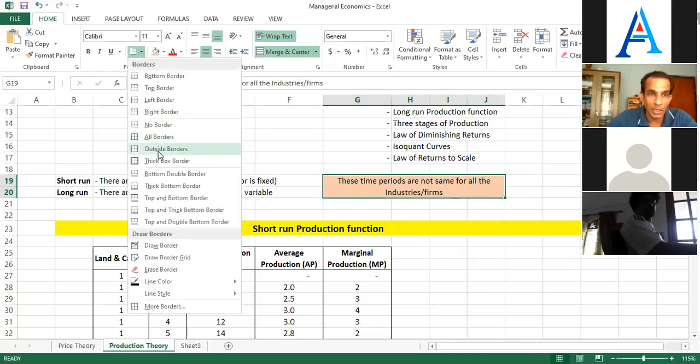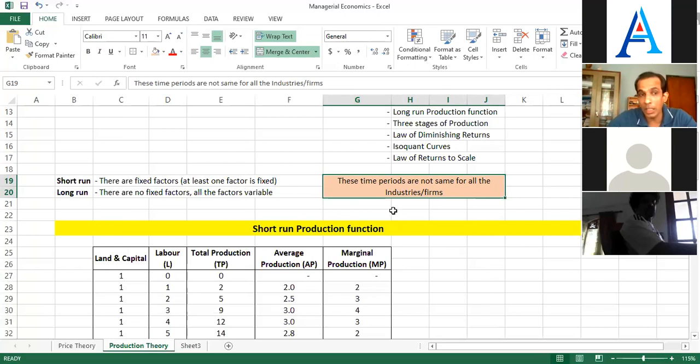But in some industries, changing capital might require a fairly long period. Therefore, the short run may be several years, right? So this will be mainly determined by the time period required to change the fixed factor.